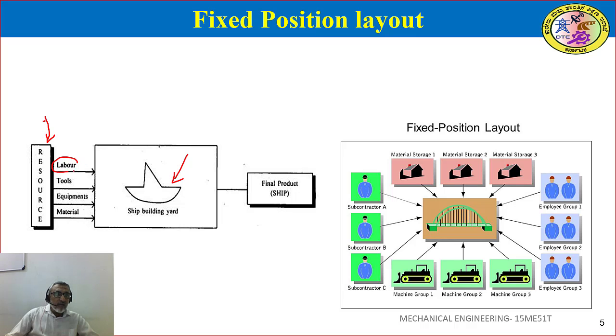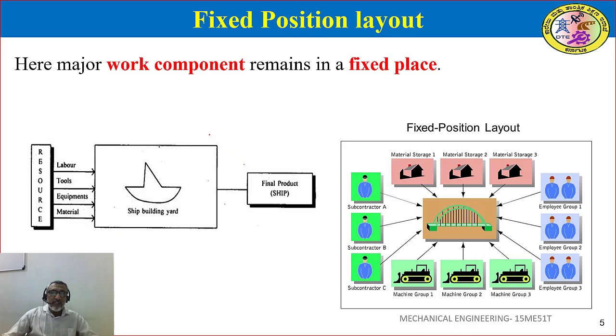The labor are moved to the shipbuilding site. The tools are carried. All the equipment is carried to the site. All the materials are also carried to the site. So all these things are taken to the major site, and then we'll have the finished product, that is the ship, that also will be in the same site. That is the fixed position layout.